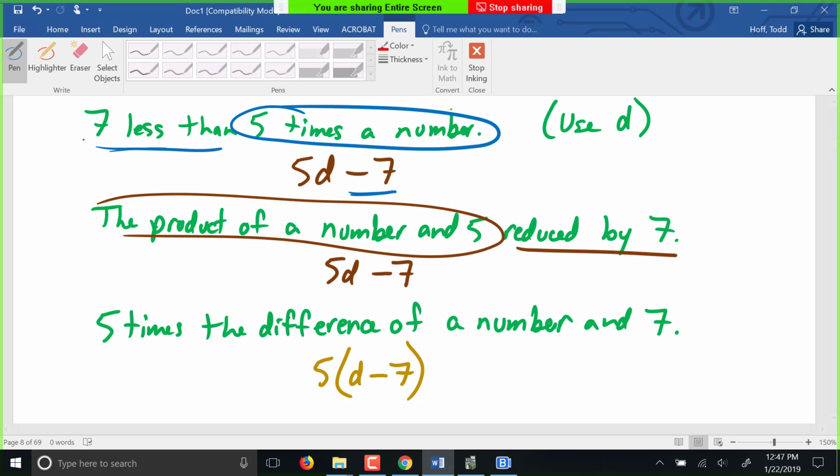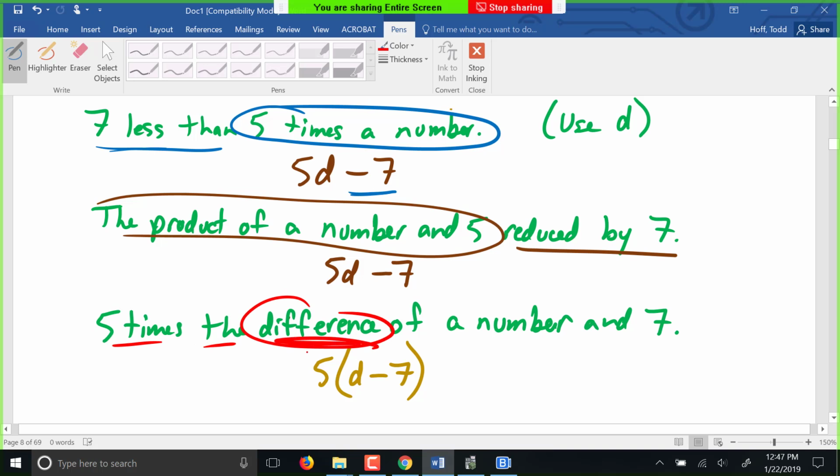Well, if we look at the others, it says difference. It's 5 times the difference. The difference is the result of a subtraction. Up here it was the product of a number and 5, saying 5 times the number.